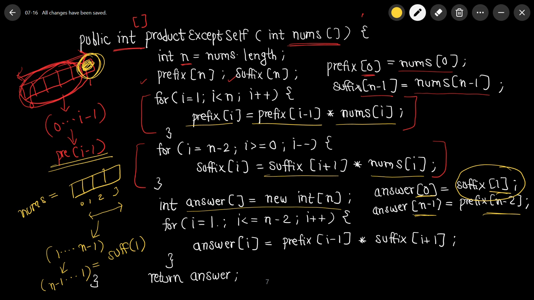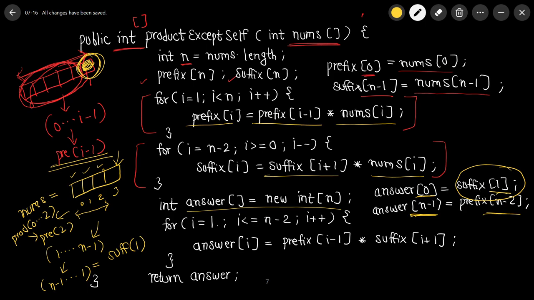And similarly, answer of n minus 1 means, let me erase this thing, except for n minus 1, include everything in our product. That means include this, and this. That means answer of n minus 1 is the product from 0 to 2, and this is nothing but prefix of 2.